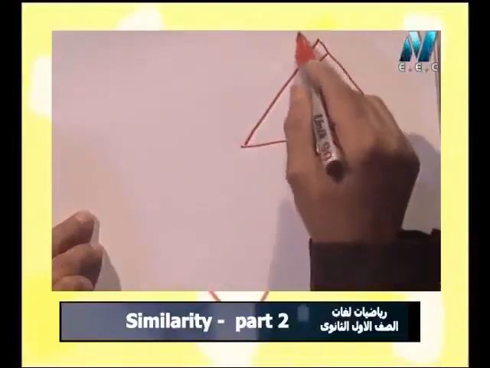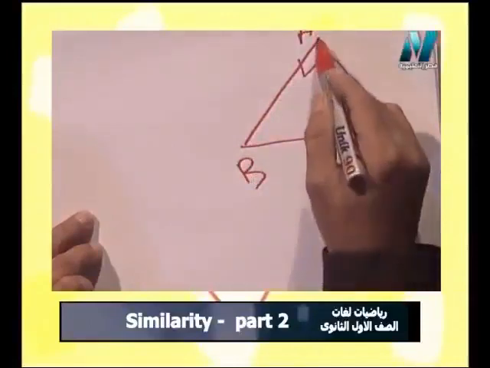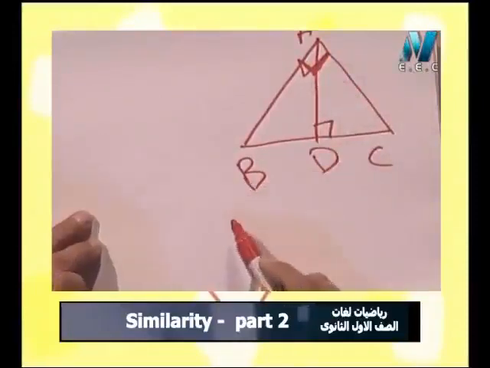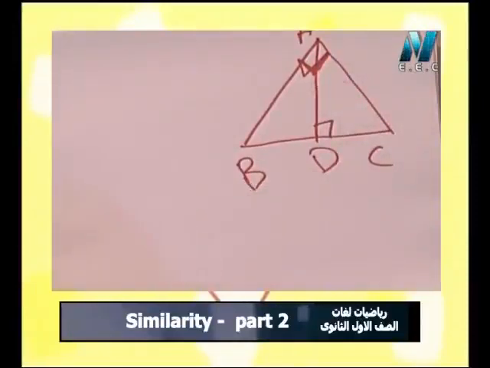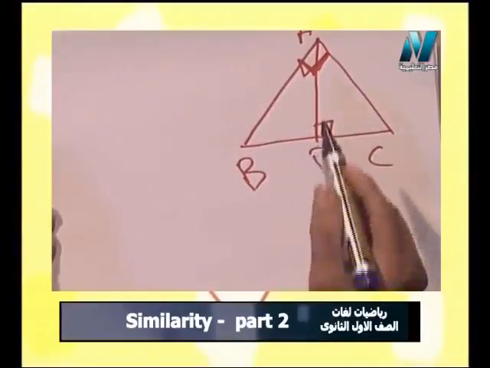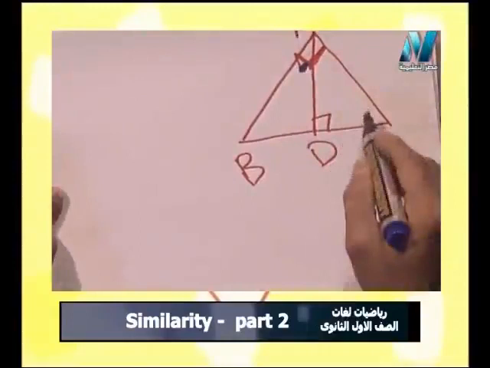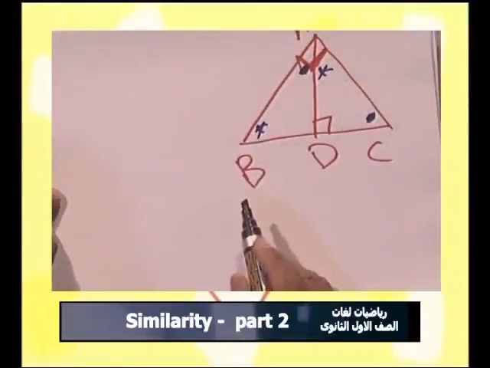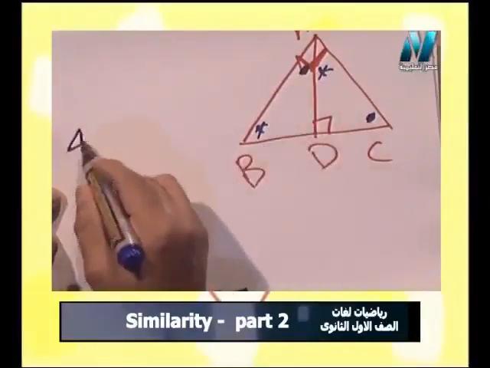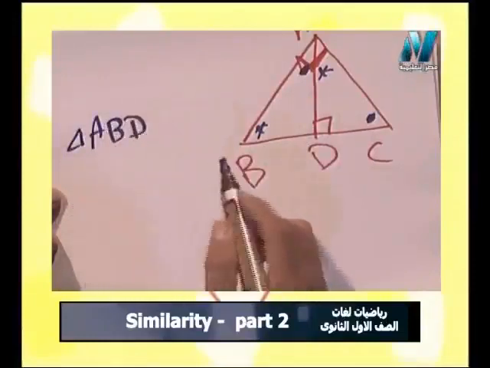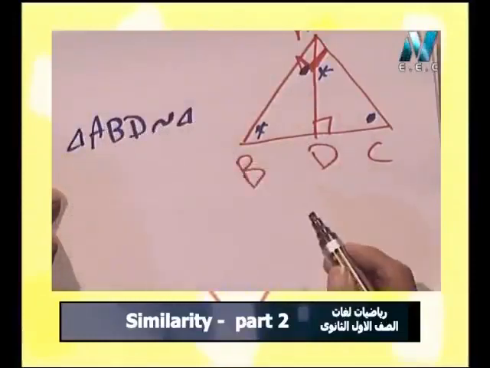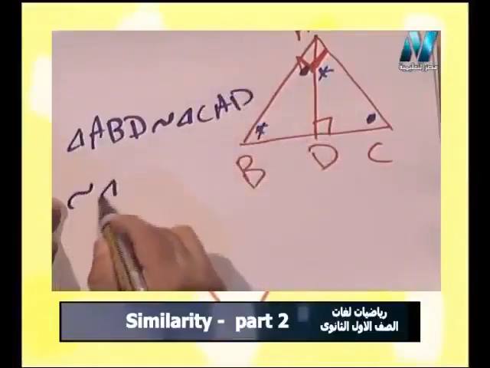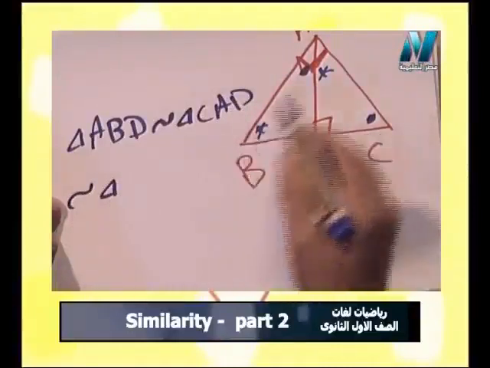Here, if we have A, B, C, and we have the same right angle here to D, we can put the equal angles, so we can put them in the order. The triangle ABD is similar to triangle CAD, similar to the original triangle, which is CBA.